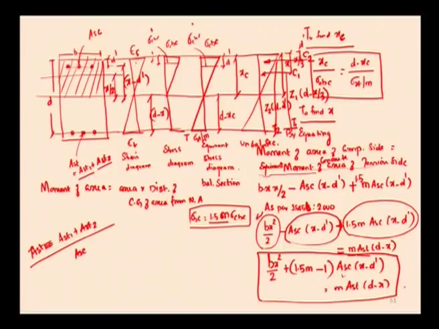So, here this is the strain diagram, maximum strain at the topmost extreme fiber epsilon c, here it is epsilon t, and this is the stress diagram, maximum stress at the topmost extreme fiber is sigma CBC, and the stress at the level of compressive steel is sigma CBC dash. This is the equivalent stress diagram by converting the area of steel into the equivalent area of concrete. Sigma CBC is the maximum stress at the topmost extreme fiber. At the place of concrete surrounding tensile steel it is sigma ST by m, and sigma CBC dash is the stress at the level of compressive steel.